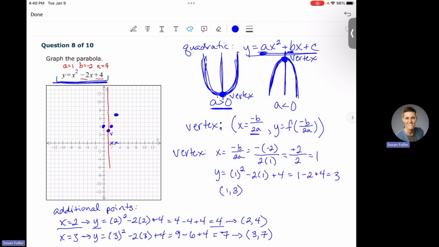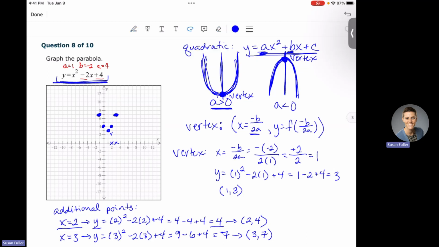If I fold it over that axis of symmetry. If I took this point and folded it over, this is 2 units to the right of my axis, which means I also have a point here, which is 2 units to the left of my axis, right? So you can use your axis of symmetry to quickly get 2 more points.